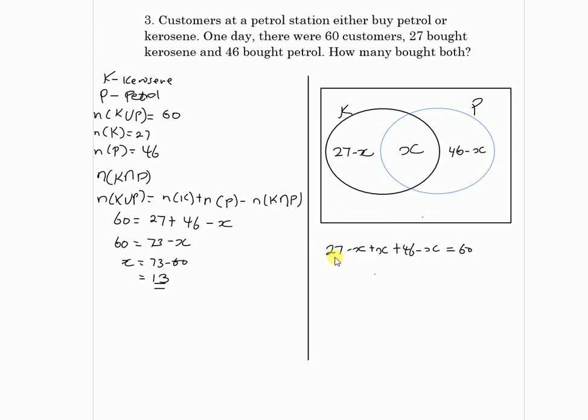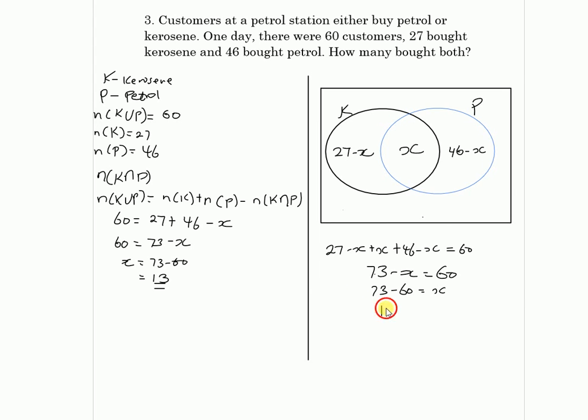When I add the two numbers, I get 73. This X goes with that X, then I have minus X that remains, equal to 60. And 73 minus 60 is equal to X. 60 is crossing the equal sign from right to left, becoming negative. X is crossing the equal sign from left to right, becoming positive.